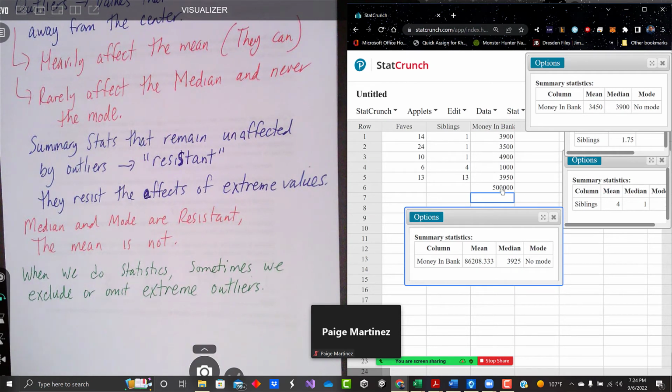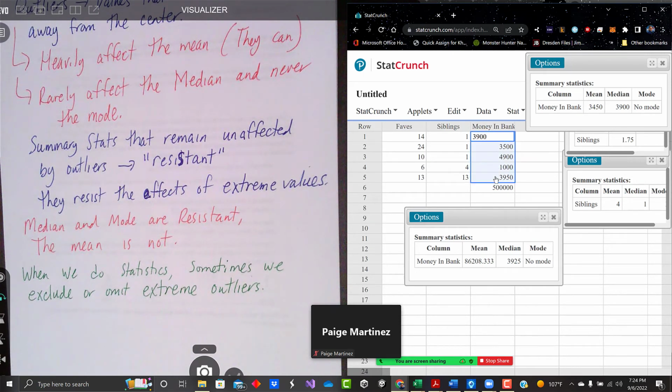It doesn't represent the population. So sometimes we can choose to omit them. And so we would just say delete. I'd maybe keep the number saved somewhere else. Put the 500,000 back here.